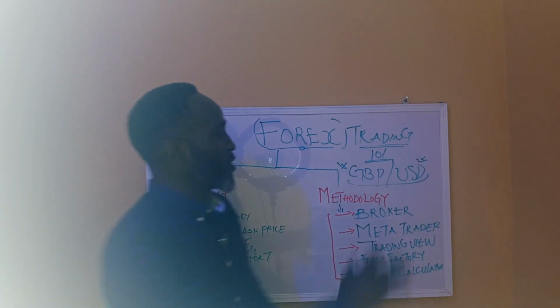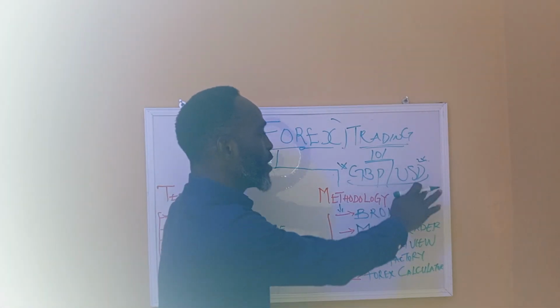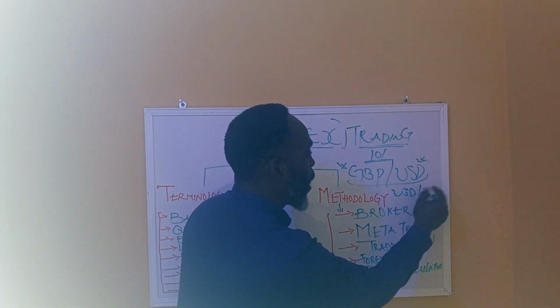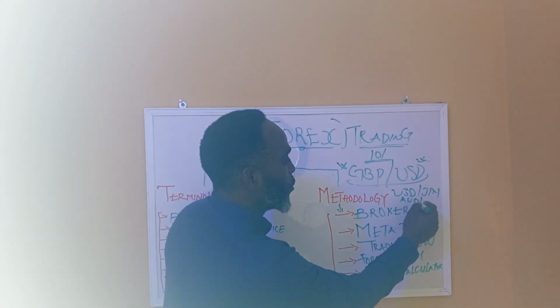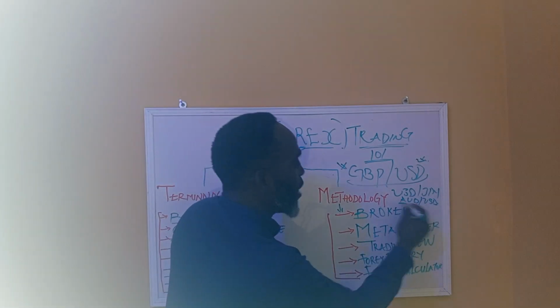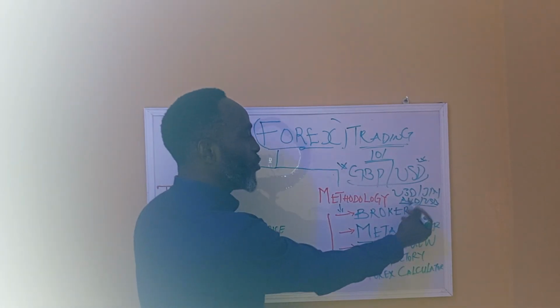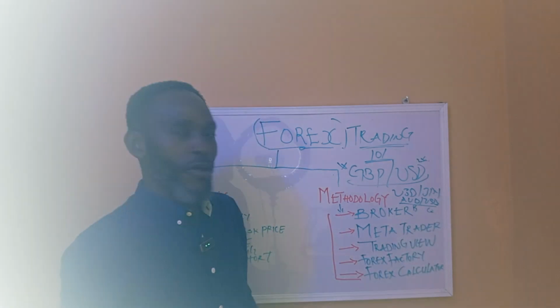Any time you see a currency being identified like this, whether GBP USD or USD JPY, or AUD USD, we have the base currency, we have the quote currency. For this AUD USD, this is the base currency and this is the quote currency.